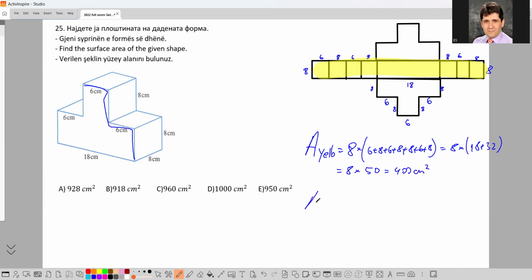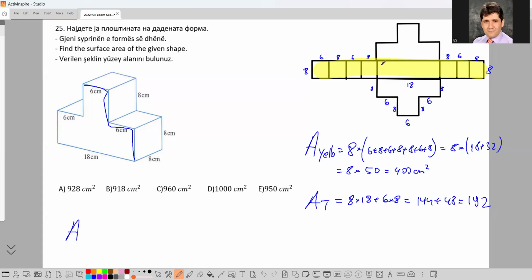But now the area of the T shape is 8 times 18 plus 6 times 8. 8 times 18 is 144. 6 times 8 is 48. It's 192.